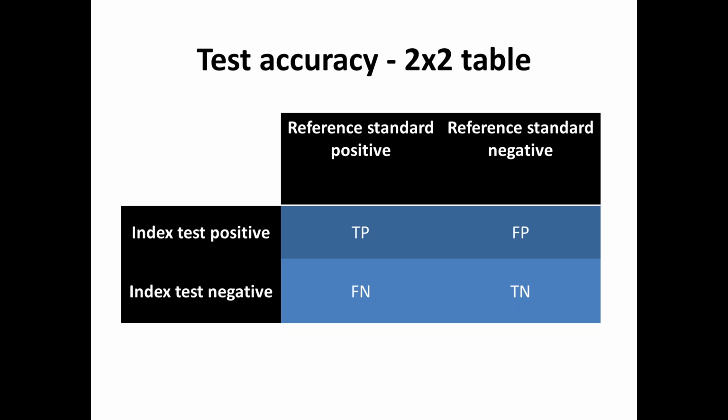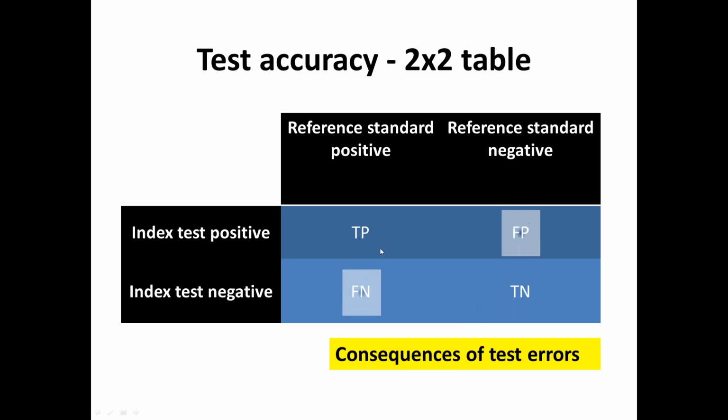And then the rows of this table are always organized to be the results of the index test. And here we're looking at a test which is either positive or negative. And then we cross-classify these two tests. And we have two groups here. These abbreviations, we'll just go through what they mean. The two groups which start with F, these are results where the two tests disagree.